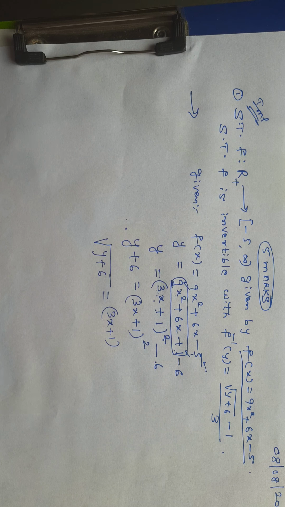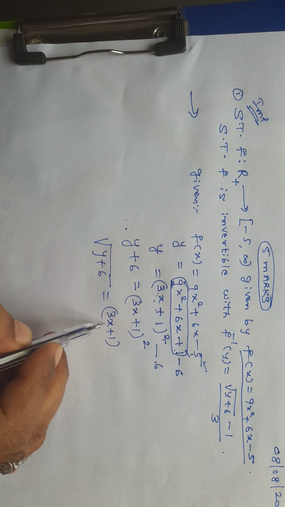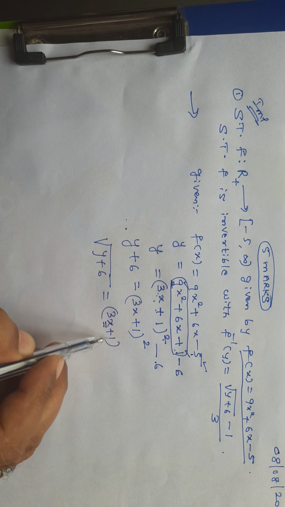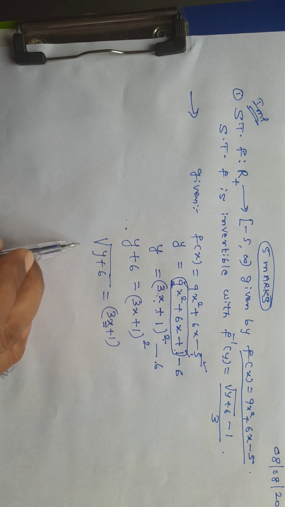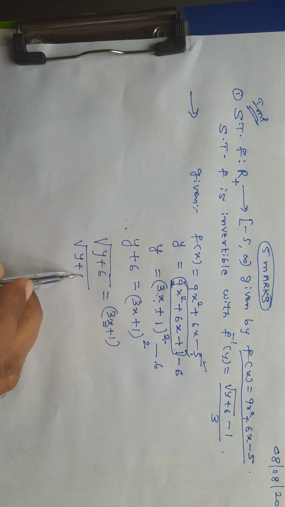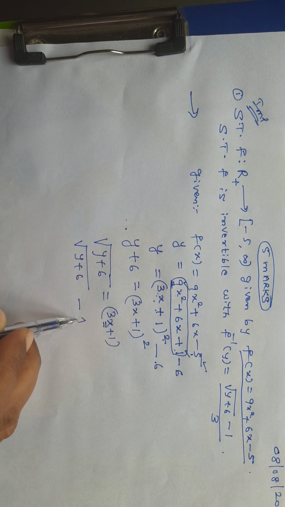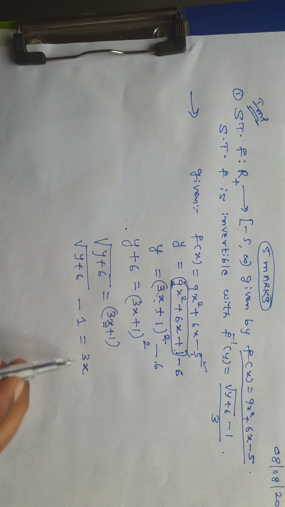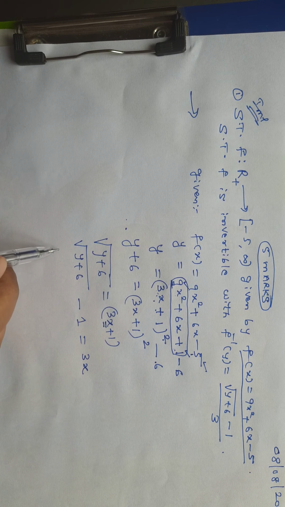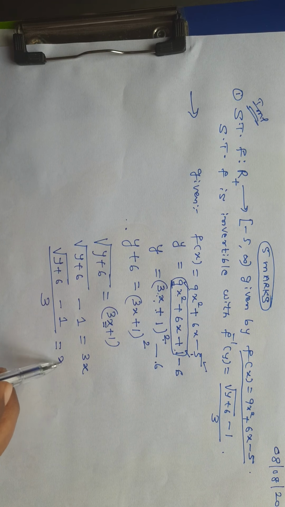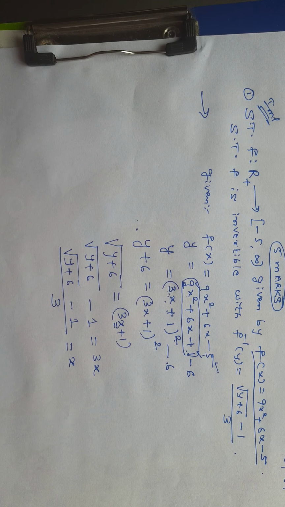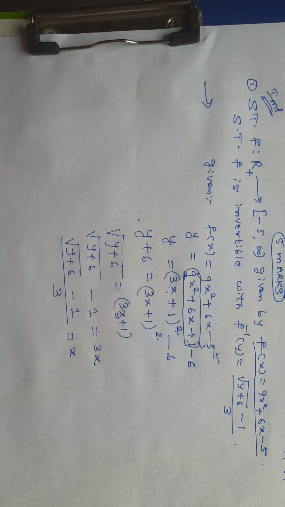Square root of y plus 6. So I have to solve for x. I don't want plus 1 on the right hand side, shift it to the left hand side. So I'll get root of y plus 6 minus 1 is equal to 3x. I want only x here. So square root of y plus 6 minus 1, divided by 3, is equal to x. This is the way to solve for x here.